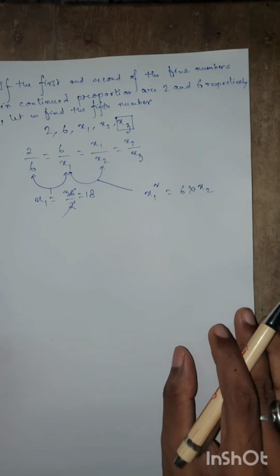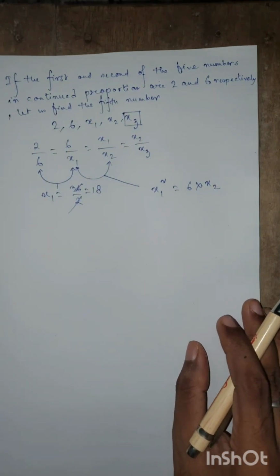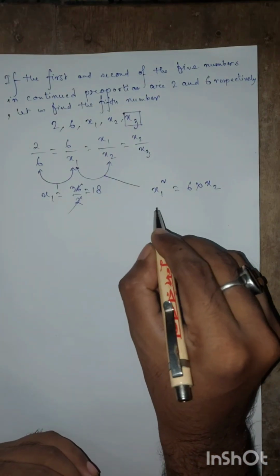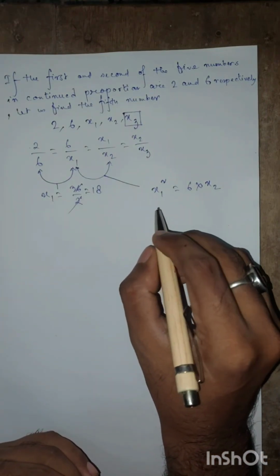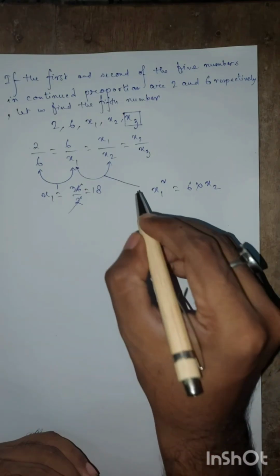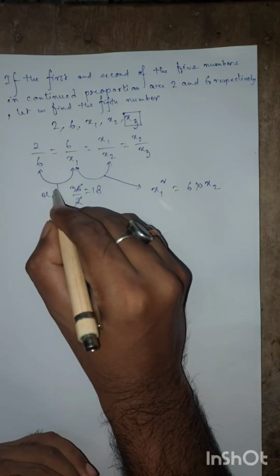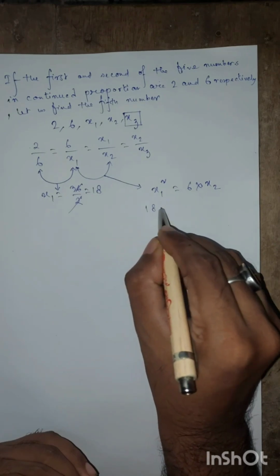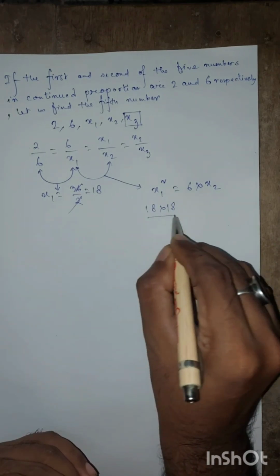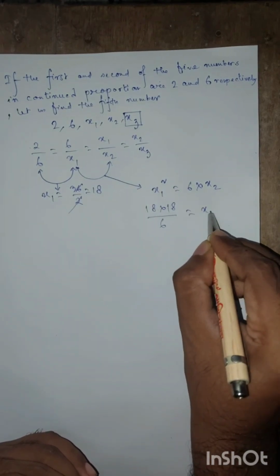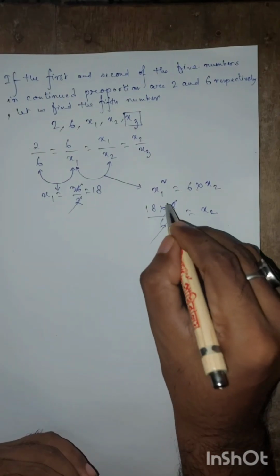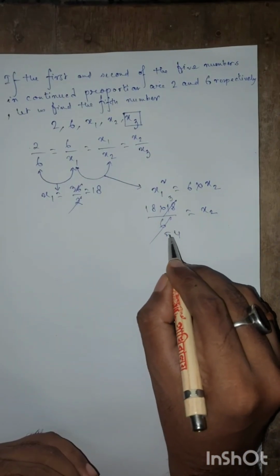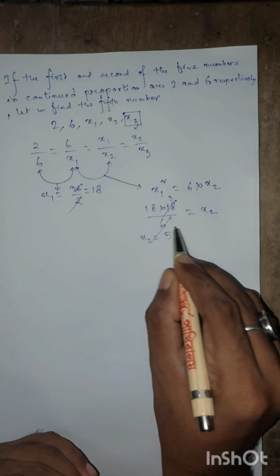So x1 square is equal to 6 into x2. So x1 means 18. That means 18 into 18 by 6 is equal to x2. So x2 is equal to 54.